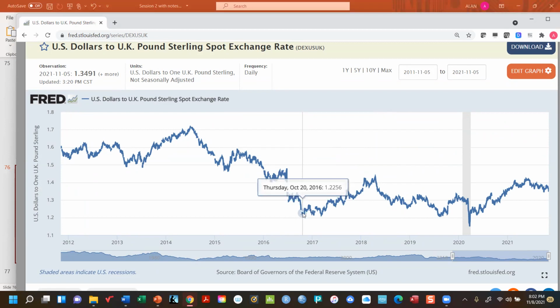So I'm trying to remember when the Brexit was. Right about here, I think, was Brexit, or somewhere in this area. Brexit caused it to drop off pretty sharply. And then it bounced back up for a while. And then the COVID came along and knocked it down some more. But you can see it's going all over the place. I mean, April 20th, $1.50 roughly. Previous July, $1.71. So you can see it goes all over the place.